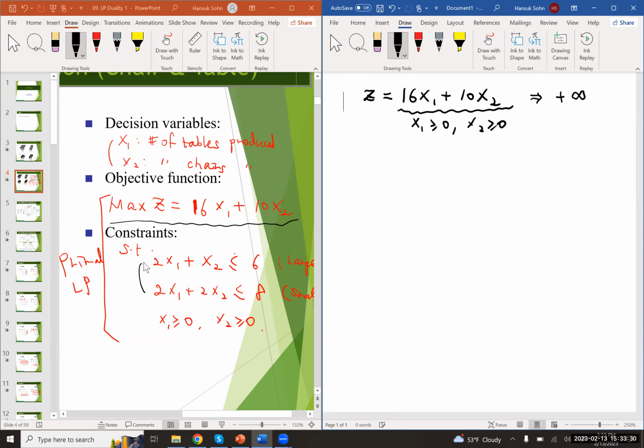Is that right? So as of now, without considering these two constraints, we can say that plus infinity is an upper bound to the maximum value our objective function G can take. Is that right?